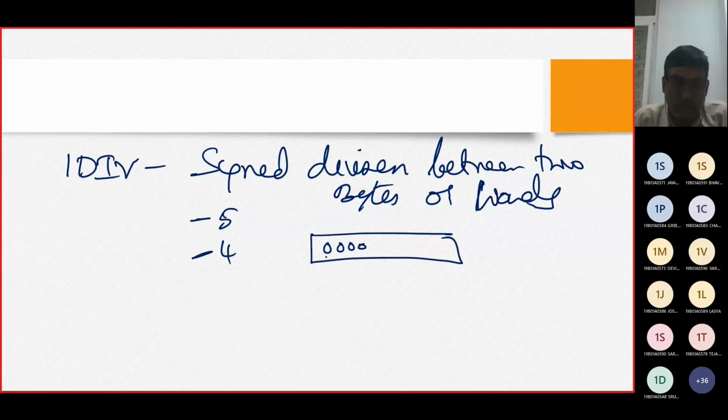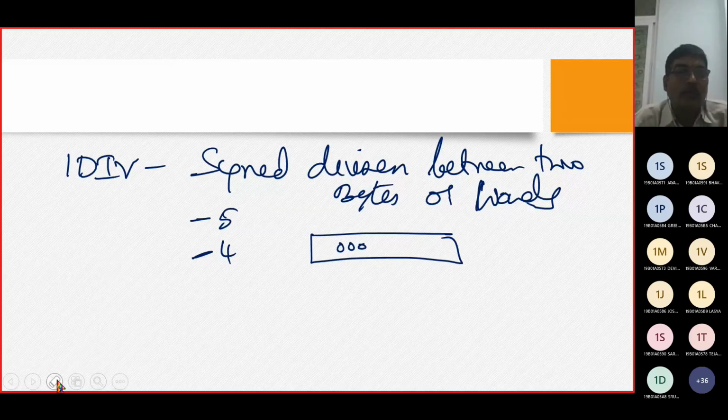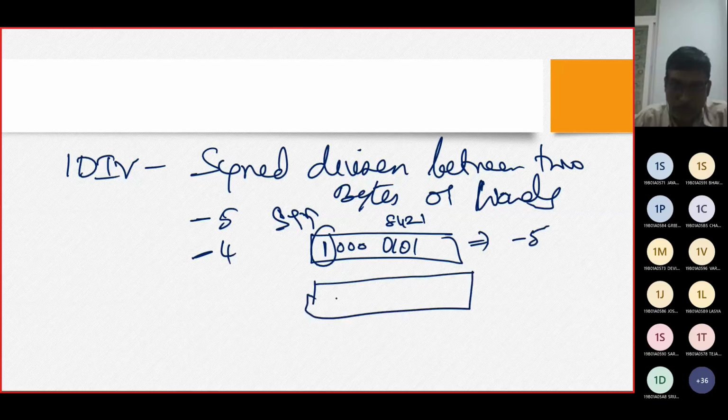So it will be like this: 1 0 0 1, then 0 1 0 1. Here the weights are 8 4 2 1, and this position mentions the sign. So this implies -5. Then for -4, again 1 0 0 0, and 4 is 0 1 0 0. So this implies -4.